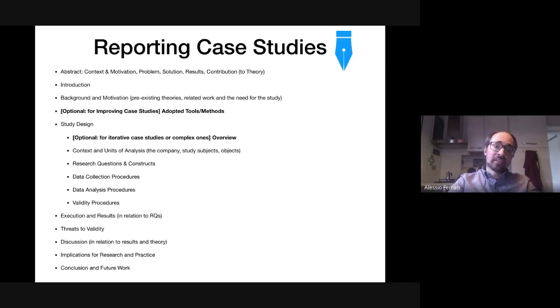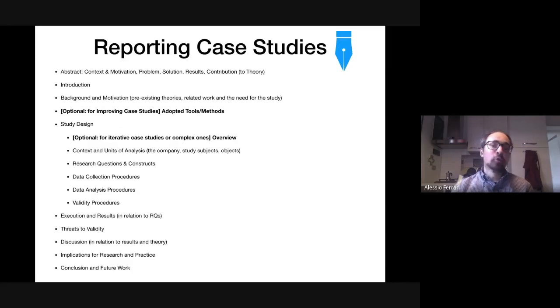Then, if you are using a case study that is improving in nature, like the one that we discussed, so you are trying to improve the process of the company, you have to also discuss and describe the adopted tools and methods. So if you develop the tool, you have to explain here how does it work, what does it do, and how was it developed, etc. So this is optional, typical for improving case studies, in which you are providing a method or a tool and you are applying it to improve the process, okay?